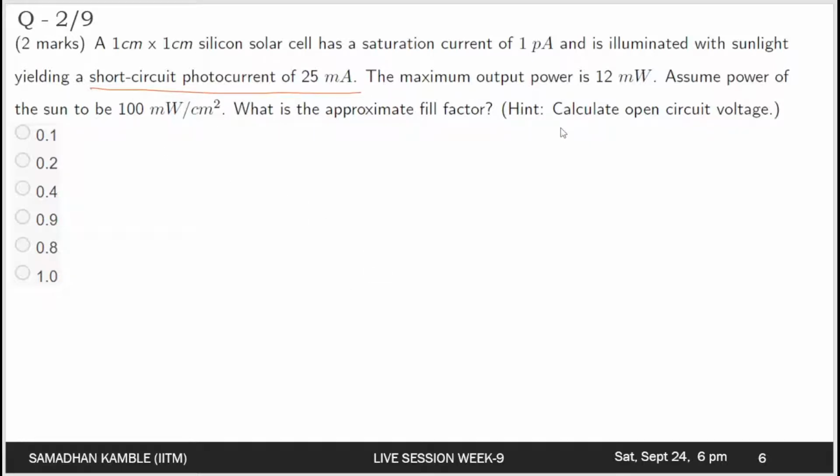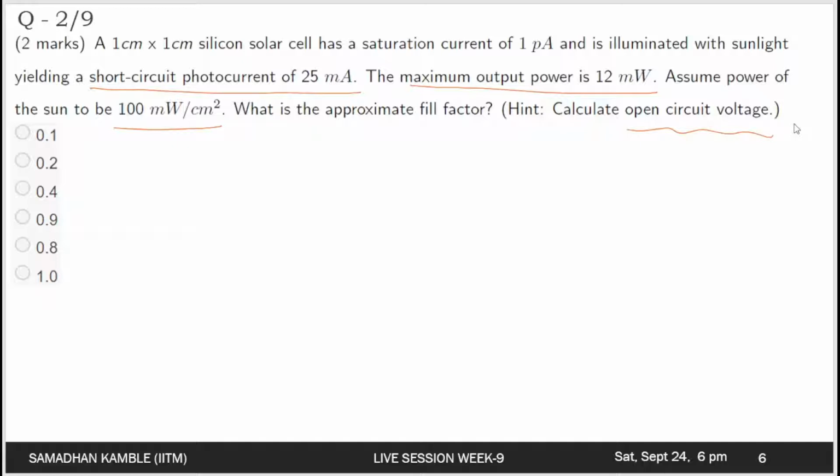The maximum output power is 12 milliwatt, so that is also given. Assume power of sun to be 100 milliwatt per centimeter square. What is the approximate fill factor? A hint is given that we need to calculate the open circuit voltage. So fill factor is the one that we need to determine.